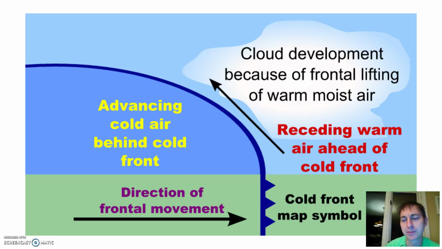And that has consequences. That is going to change the shape and the type of the cloud that you get. So we end up with different patterns in terms of the weather we experience when we have a cold front versus a warm front, because of the way that the warm air is lifted in the process.